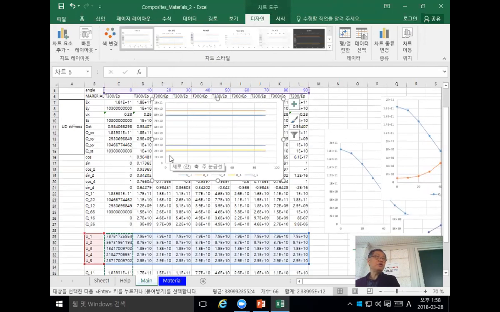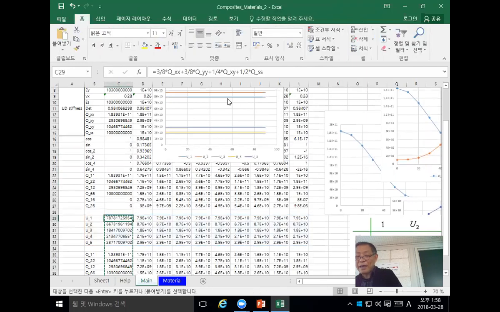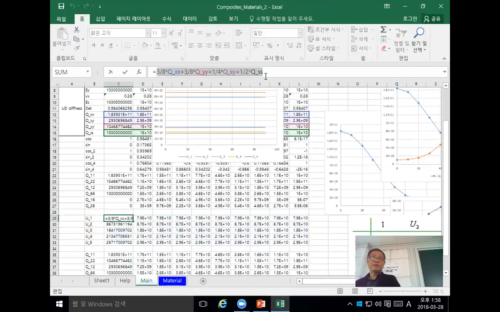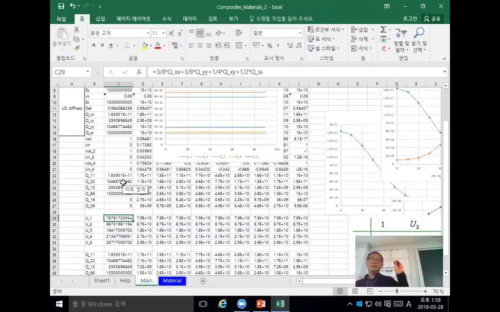All the U values remain the same, right? Very important observations. Of course, they are all functions of material properties, so independent of angle. So they are called invariant.